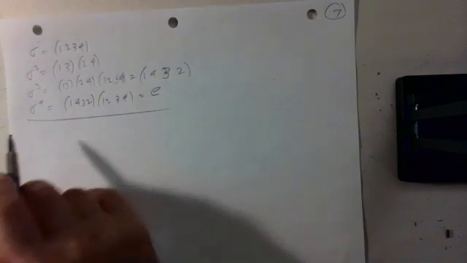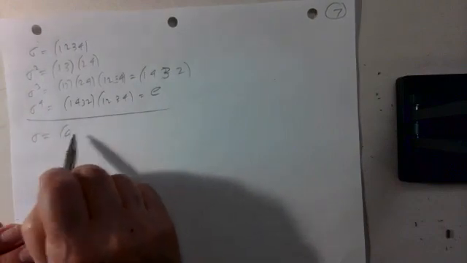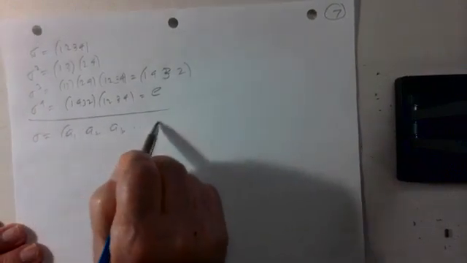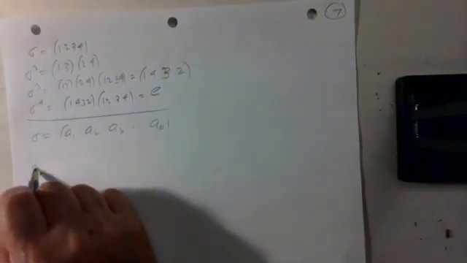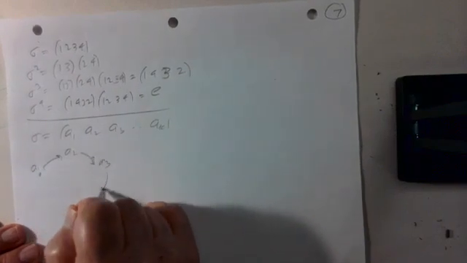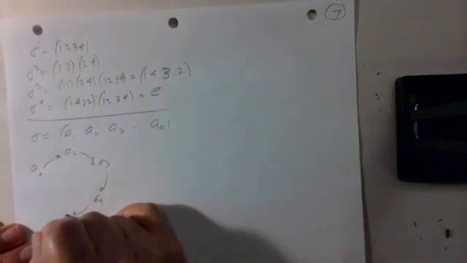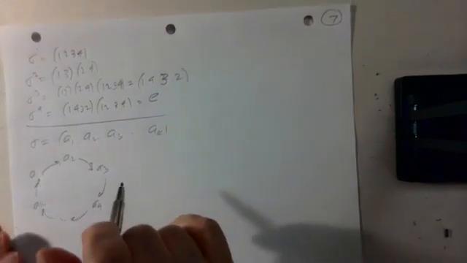Let me prove it first with a picture. Suppose I take a k-cycle, A1, A2, A3, up to A sub k. I like to draw these as A1 goes to A2, goes to A3, goes to A4, goes to Ak, goes back to A1.